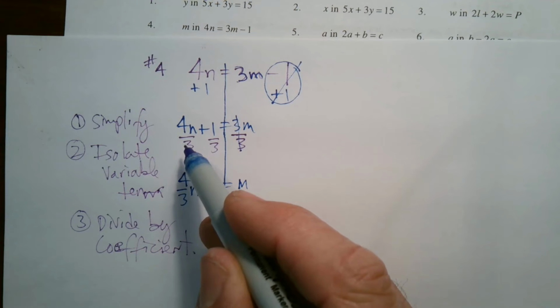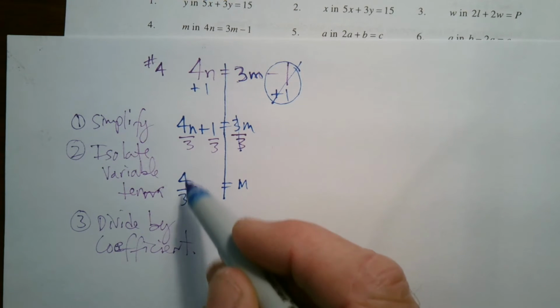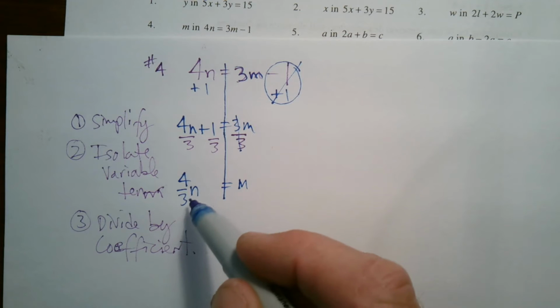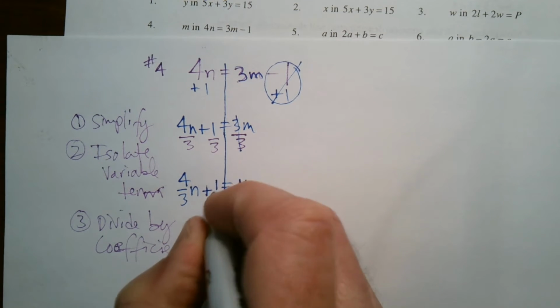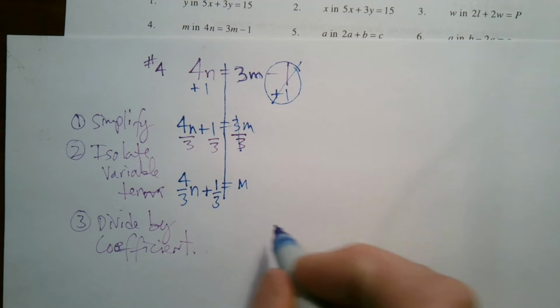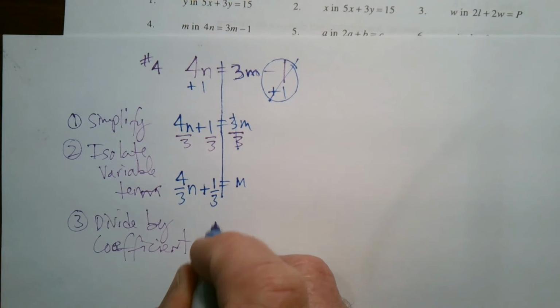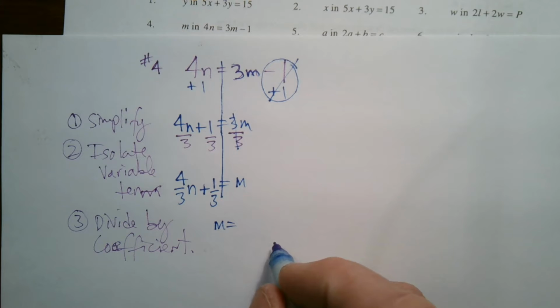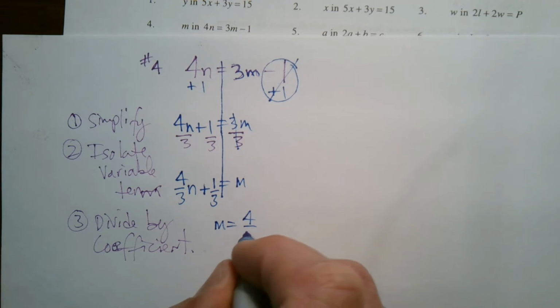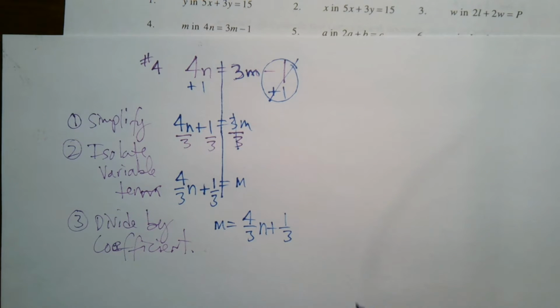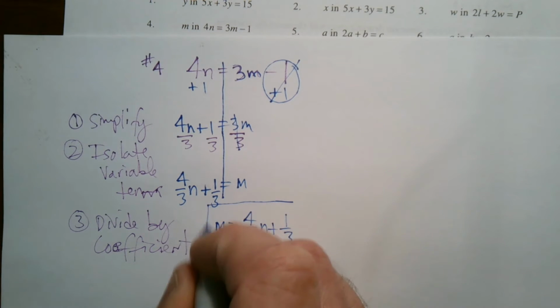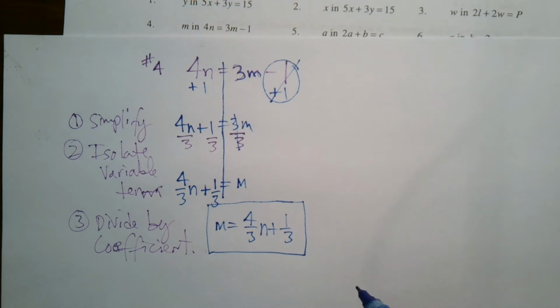Plus 1/3. We can switch this around so it says m equals 4/3 n plus 1/3. That's solving for m.